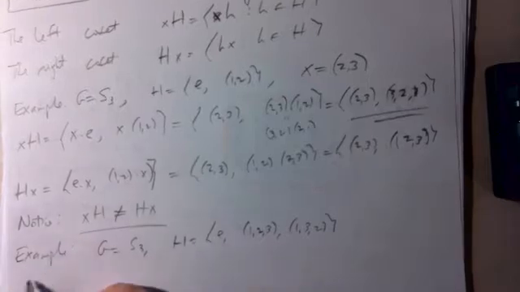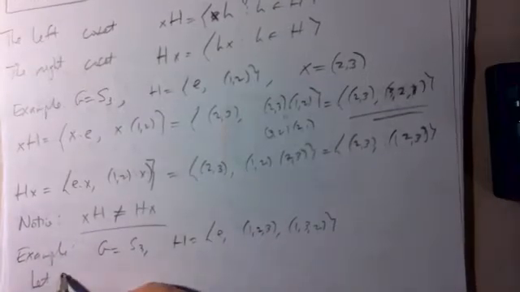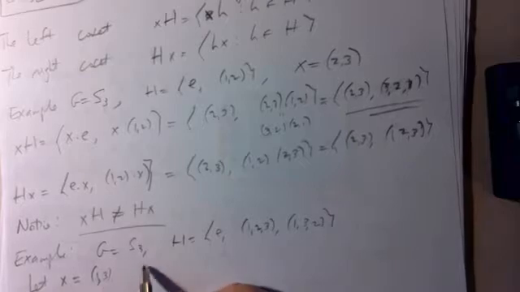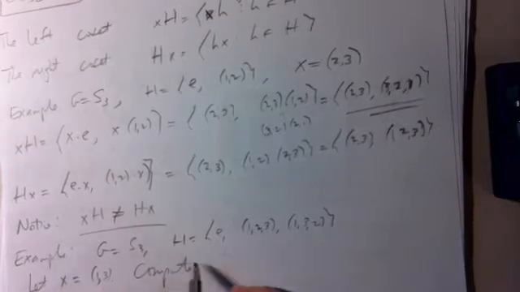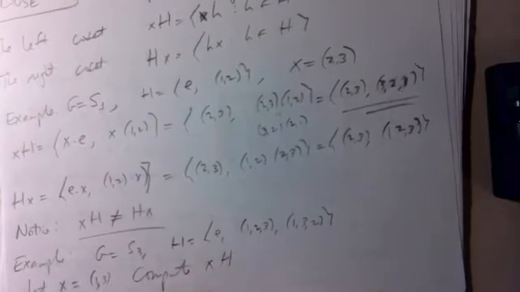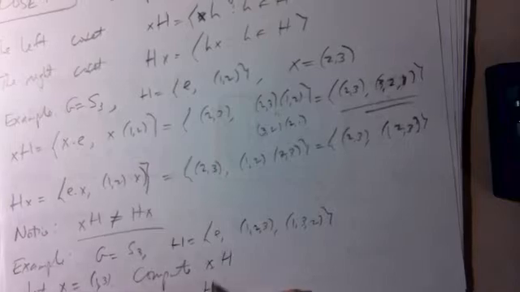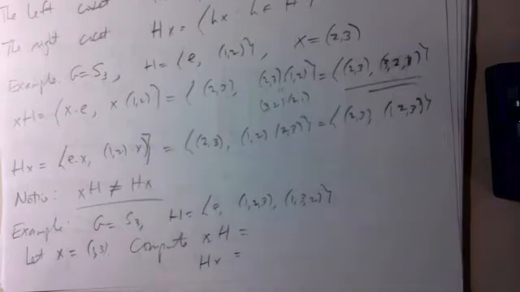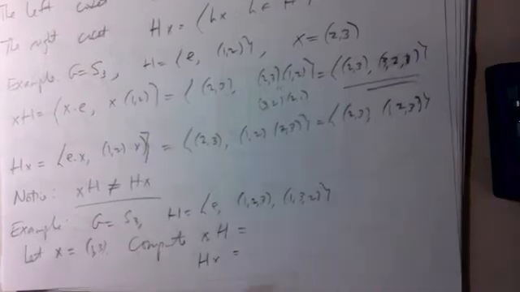That's a subgroup. Let x be equal to the permutation (1 3). Compute the left coset xH and the right coset Hx. So spend a minute now with some paper to do this calculation, and then I'll do it.